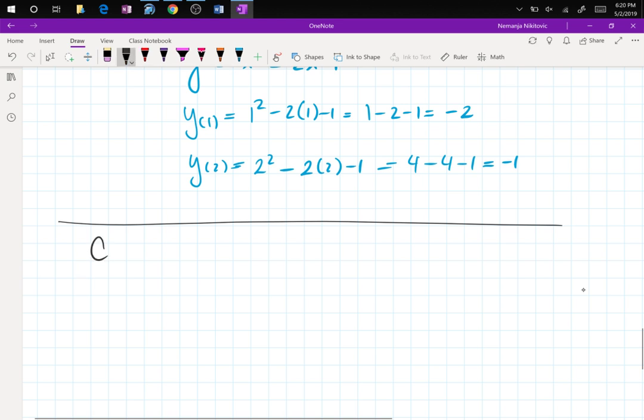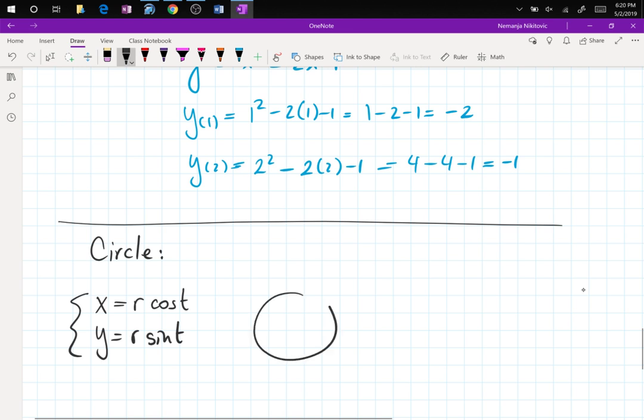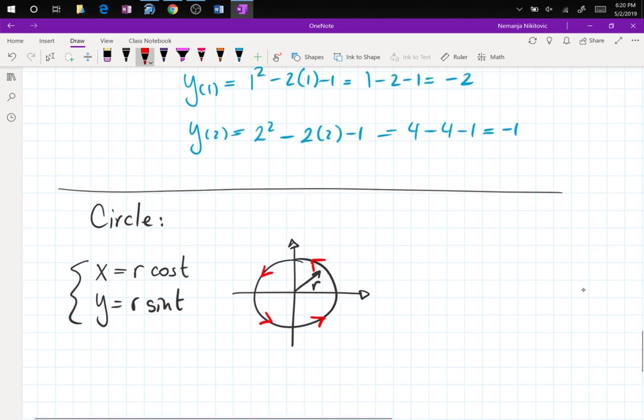Going back to circle, parametric equation x equals r cosine t and y equals r sine t will be a graph of a circle of radius r with a counterclockwise orientation.